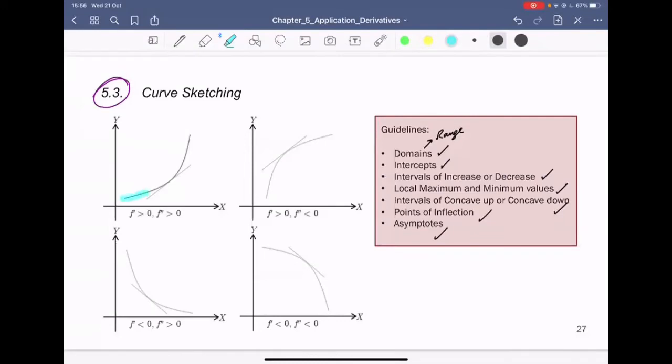The first one, highlighted in light blue, is increasing and concave up. Increasing and concave down is the one highlighted in yellow. Decreasing and concave up is highlighted in green. And the last one, decreasing and concave down, is highlighted in orange. So those are the 4 types of curve.